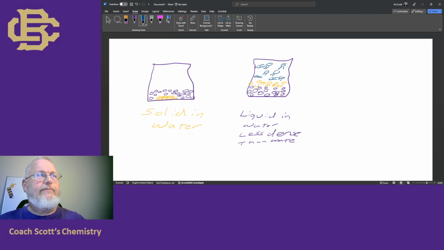Okay, so this explains what's going on with the atomic model. It tells us the difference between a solid, a liquid, and a gas. And I think it's a good thing to know and to come out of Unit 1 knowing this.